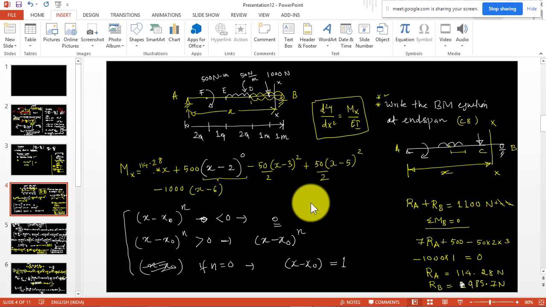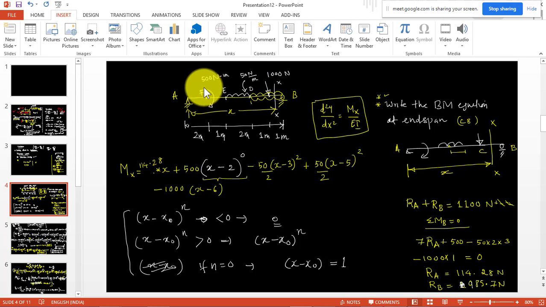What is the physical meaning? You forget about the equation. That is the step you have to remember while writing the equation. What is the physical meaning of that? The x minus x 0 is negative means we are using a loading term that is beyond that section. Suppose this UDL is coming from after this point only.